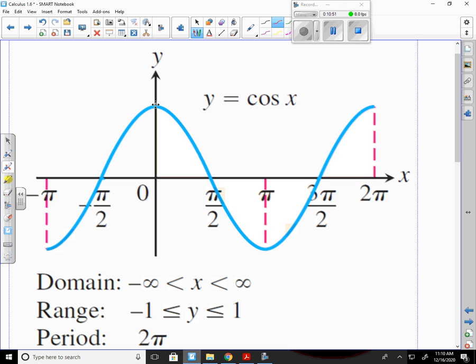Again, starting at 0, when x is 0, y is 1. It then drops down, comes back up, and it's at 1 again at 2 pi. If I extend out past this, it's going to drop down again to 0, back down to -1. So it's going to run this same pattern of repeating.